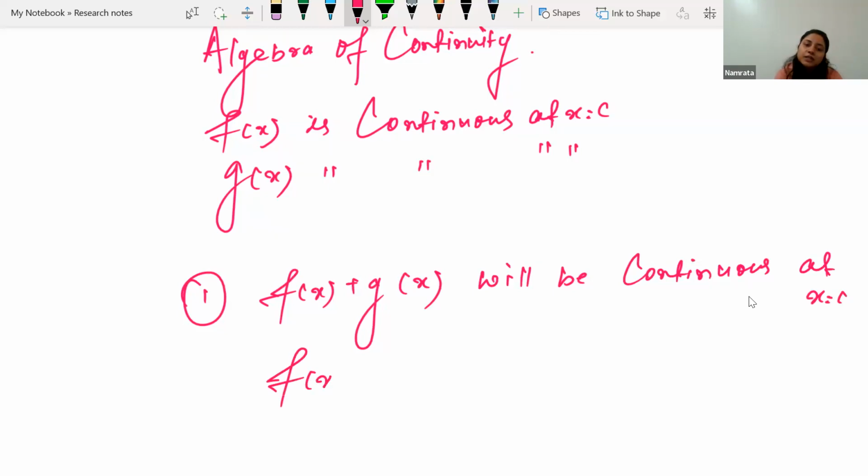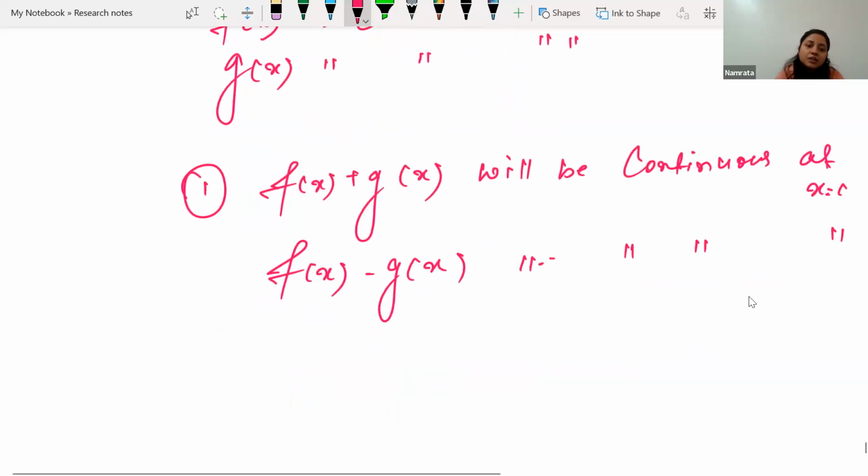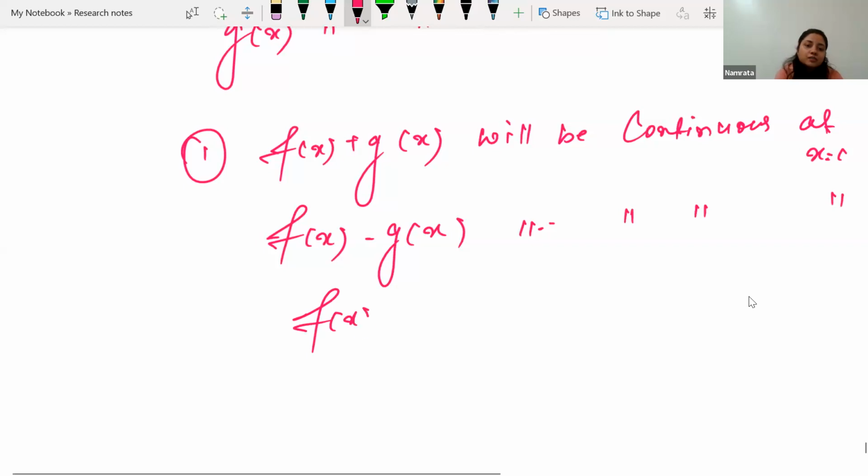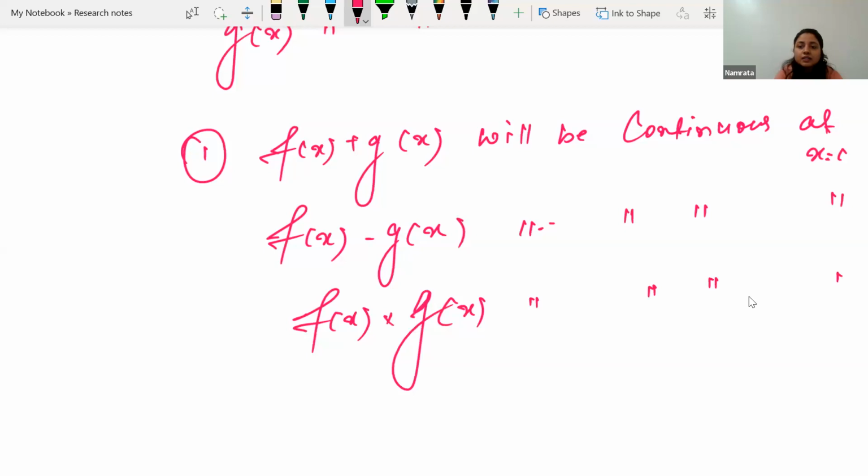Similarly, f of x minus g of x, f of x into g of x, and f of x by g of x will be continuous at x equals c.